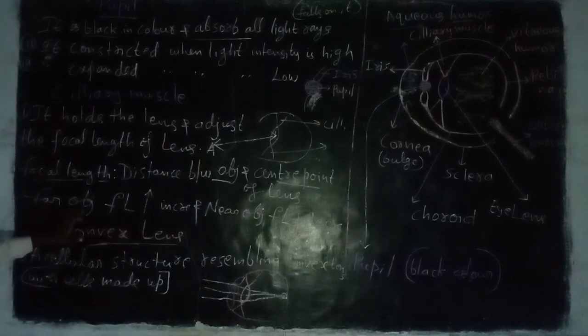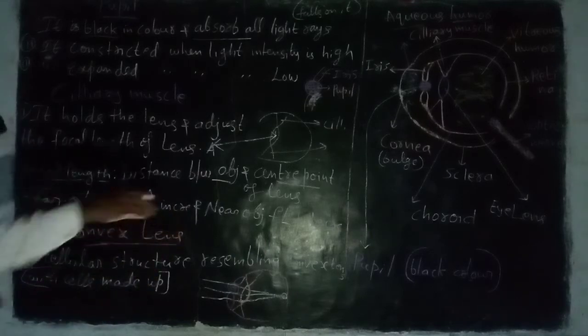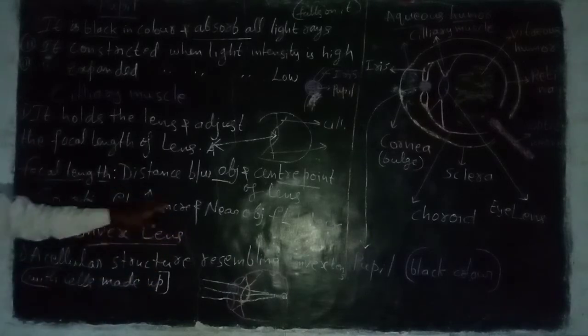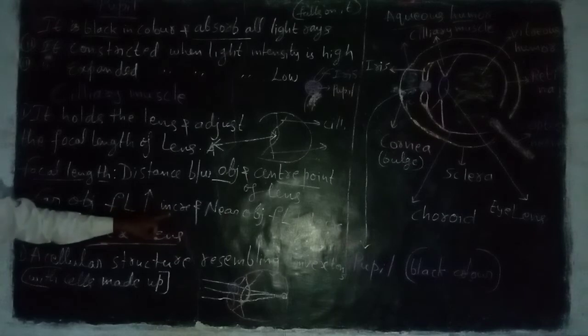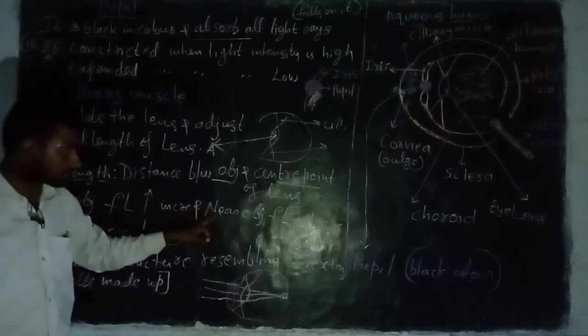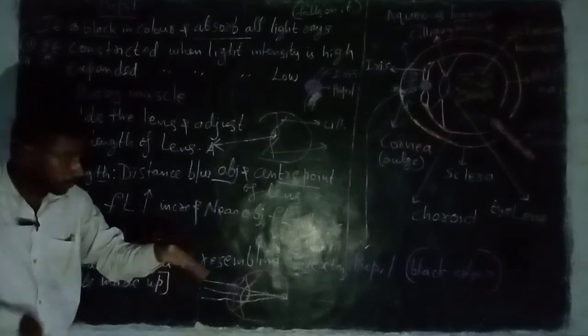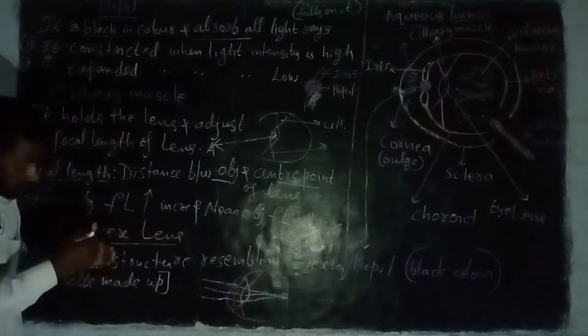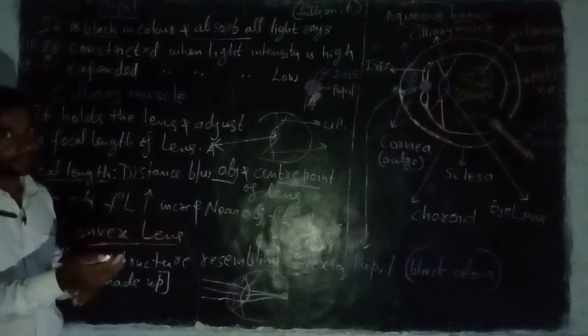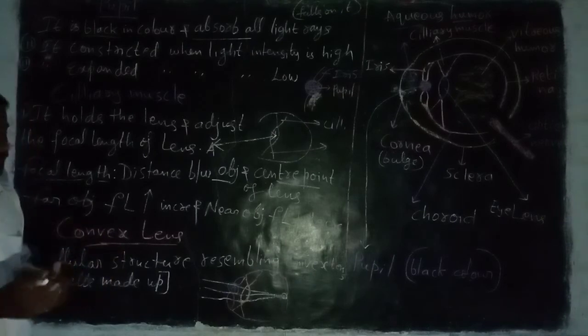For a far object, where the distance is more, the focal length will increase. When the object is near, the focal length can decrease. We will speak again clearly in eye defects.